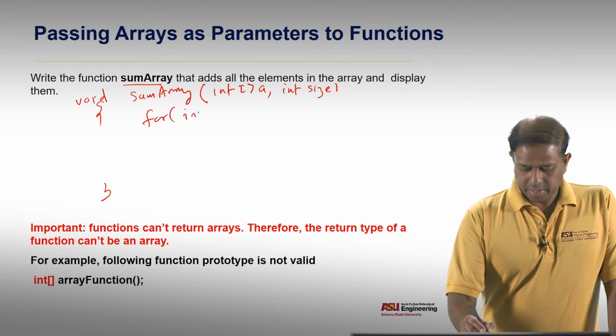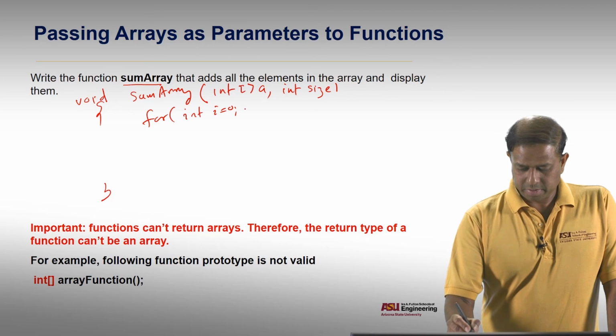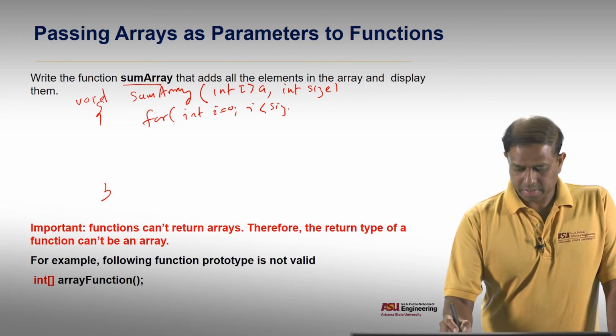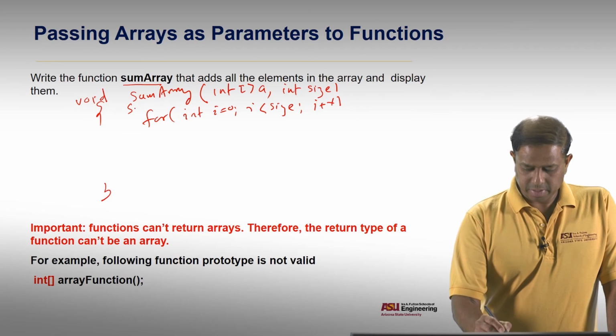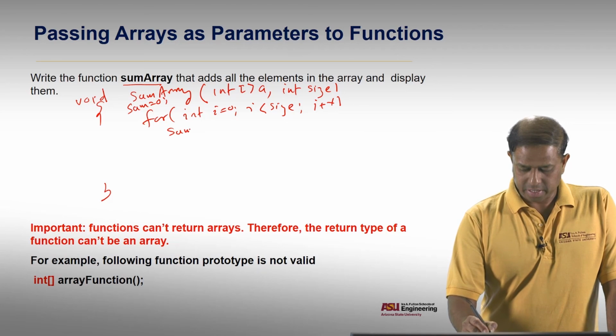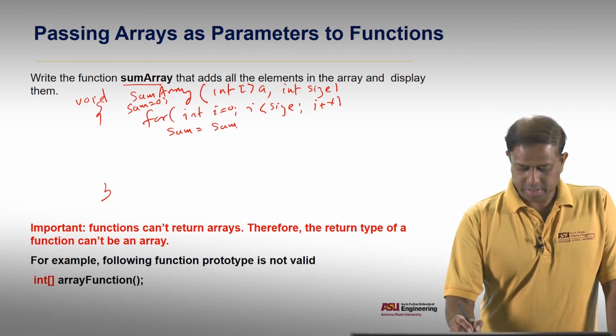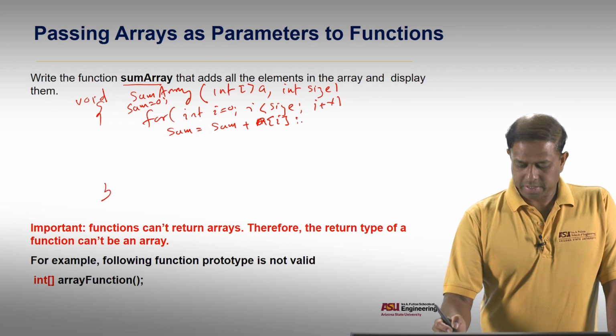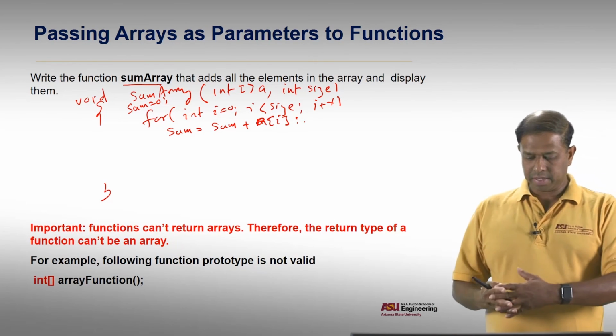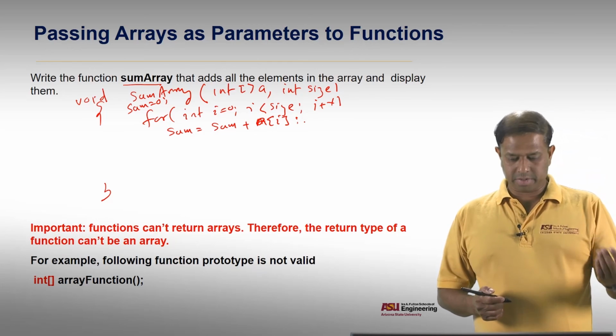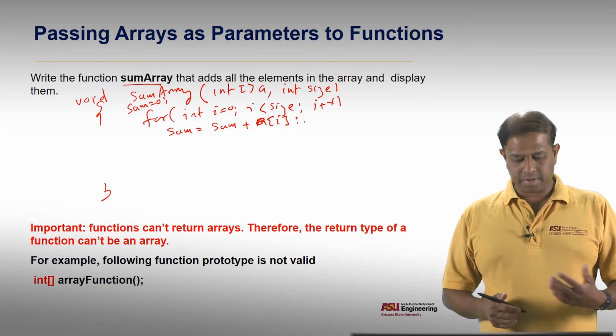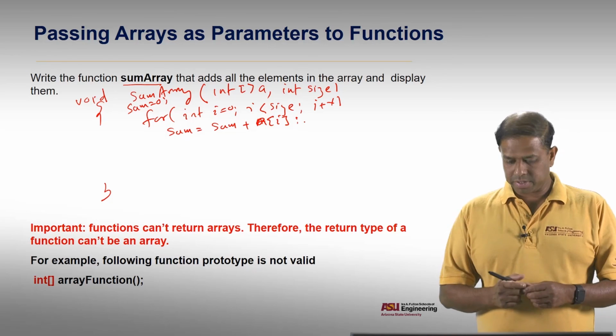Then for int i equals 0, i less than size, i plus plus, and now we need to have a sum variable initialized to 0, and then you can say sum equals sum plus a[i]. So that essentially is running through the array and adding all the elements into the sum, and then finally we'll have the sum, the total of the values stored in the array.